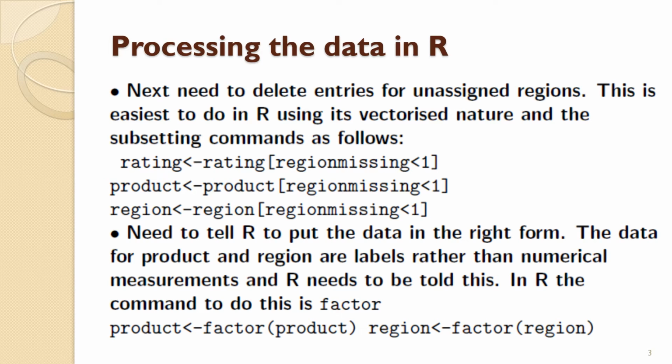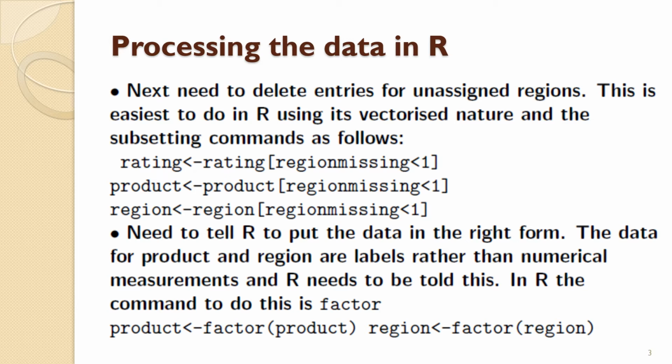Rating <- the part of rating where the region missing variable is less than 1, and similarly for the other two: product <- the product variable where the region missing indicator is less than 1, and region <- the region variable restricted to the cases where the region missing indicator is less than 1. There are some subtleties in terms of how you manipulate the data in this case, but it turns out this is the easiest way to do it.